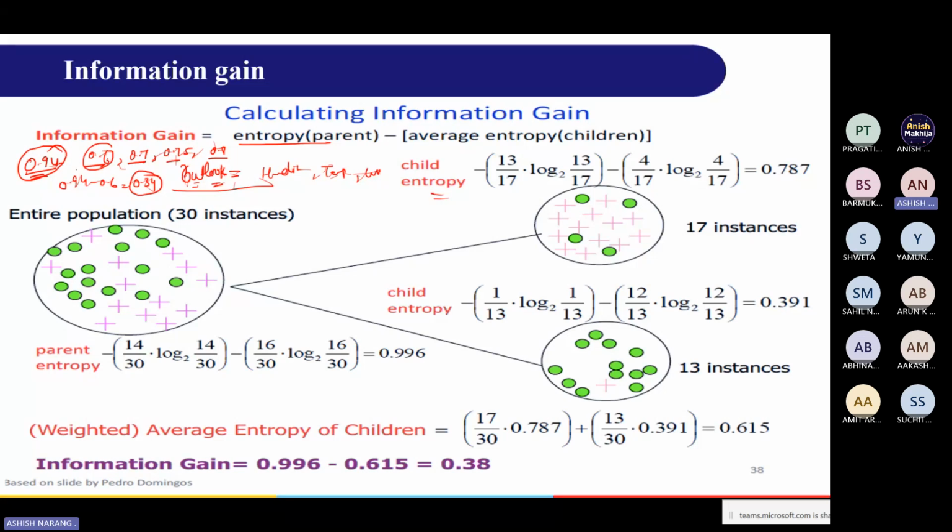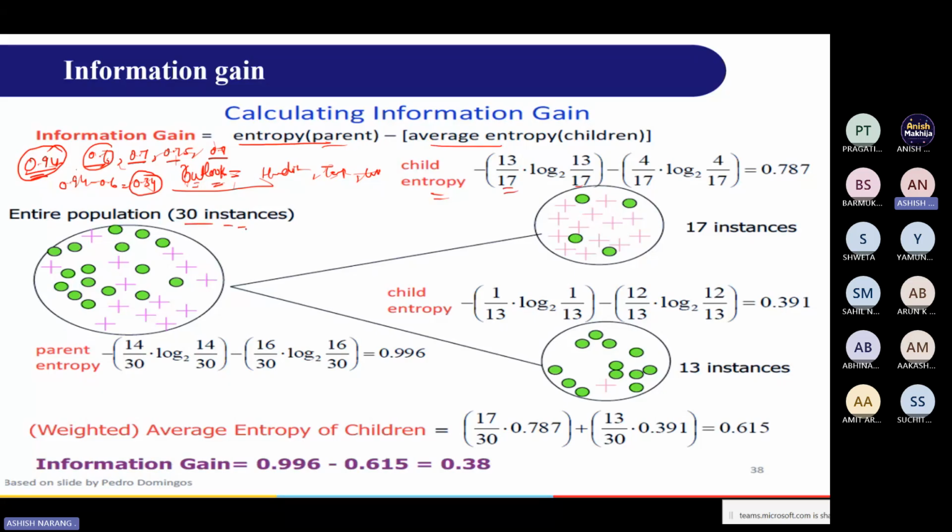People are dropping. Okay. Look at this, some example is being taken. Entropy of the parent minus average entropy of the children, right? What is the average? We will cover that, don't worry about that. You can see in this example there are 30 instances total.